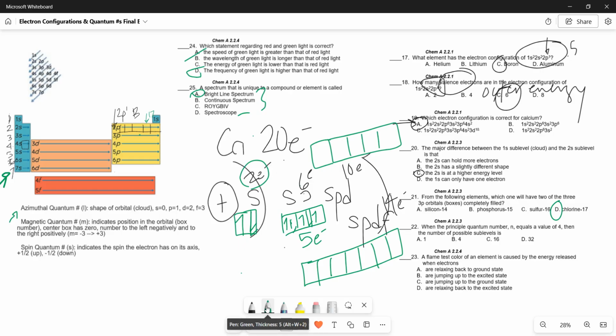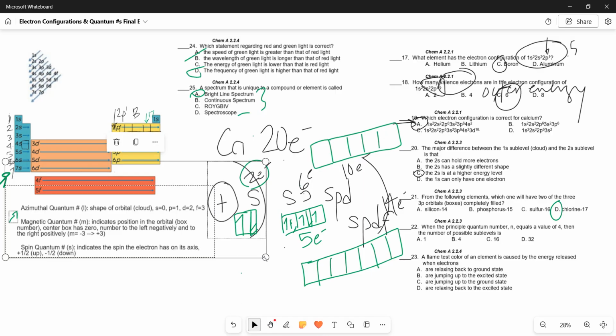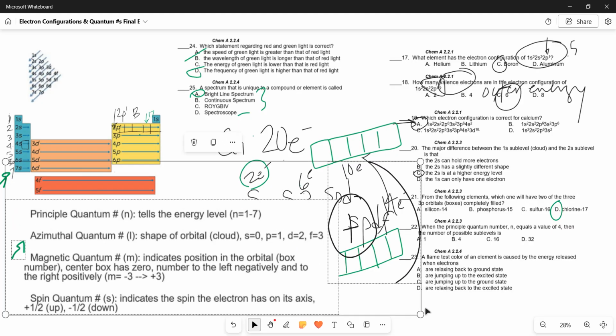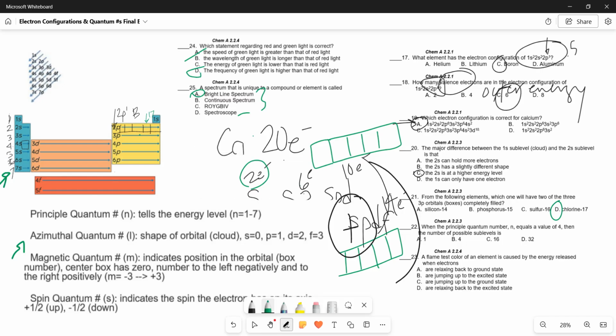Okay, 22. When the principal quantum number n equals a value of 4, then the number of possible sublevels is. This is a question that a lot of my students miss, but they don't understand what the different quantum numbers tell me. So n represents the energy level.